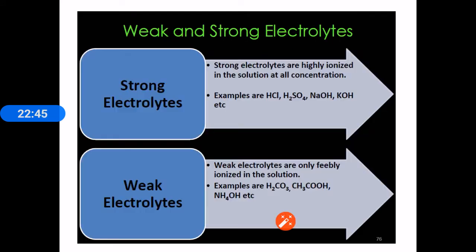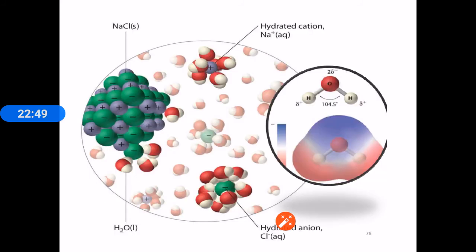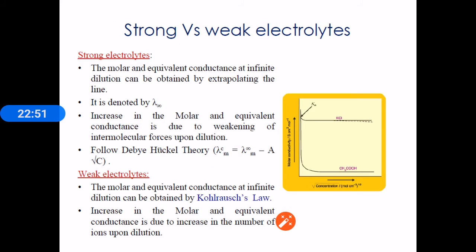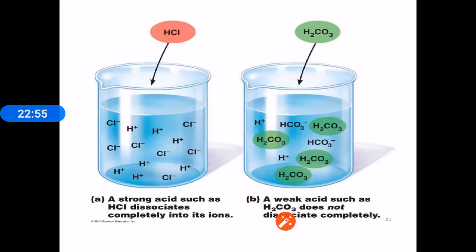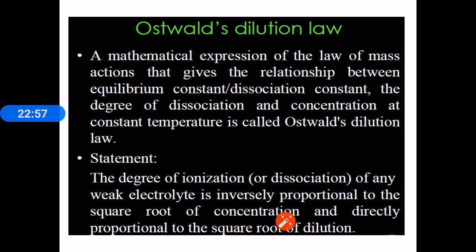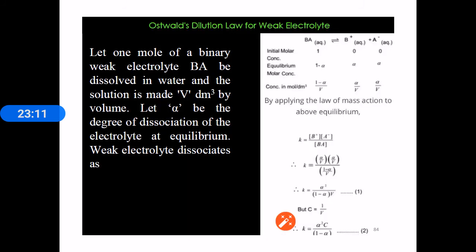Next, Ostwald applied the law of chemical equilibrium based on the Arrhenius theory. He applied the law of chemical equilibrium to the unionized molecule and ionized ions.